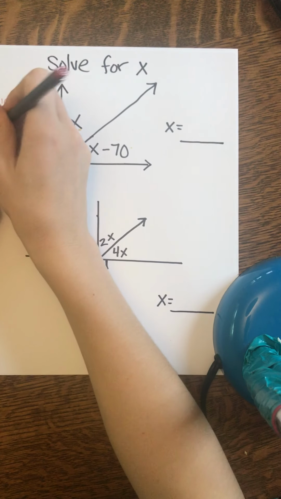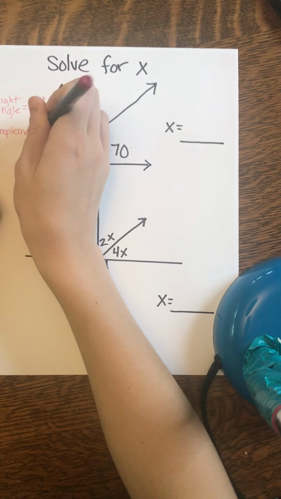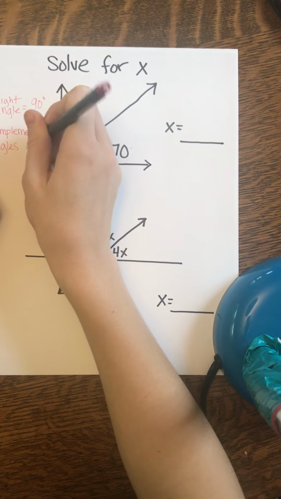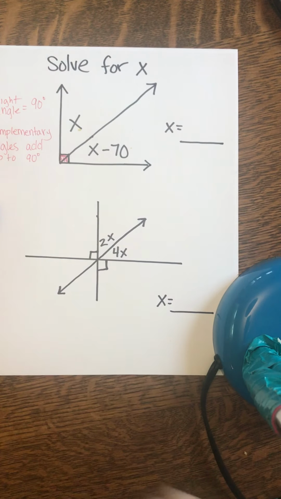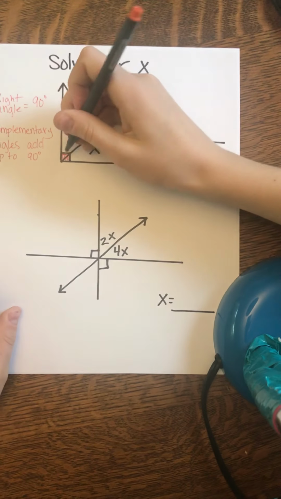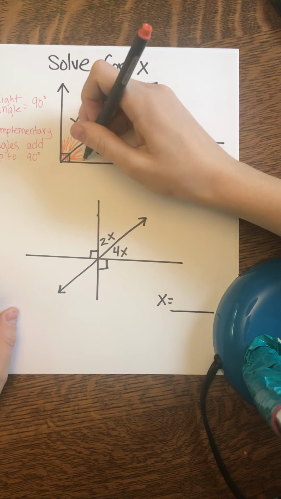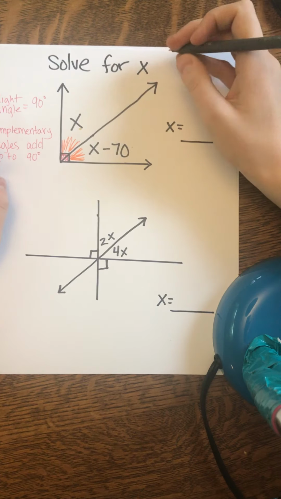And complementary angles add up to 90 degrees. Let me get another marker color. Angle x and angle x minus 70, therefore, are complementary angles and therefore add up to 90 degrees.